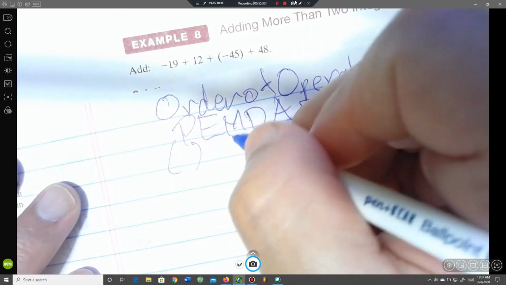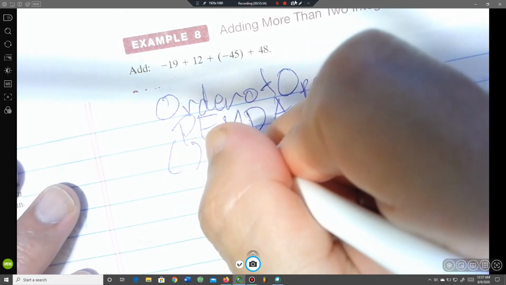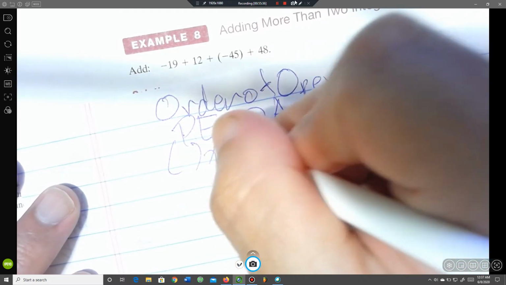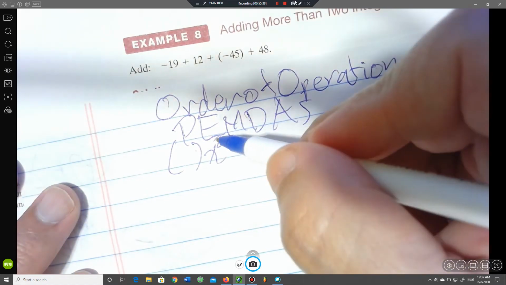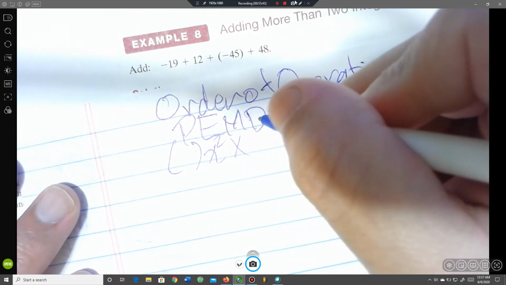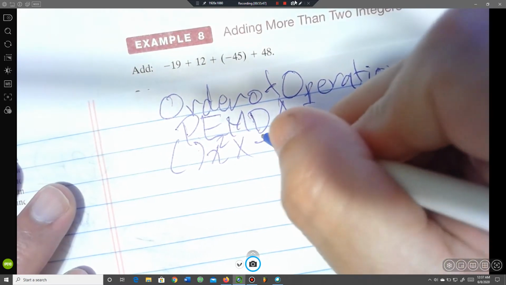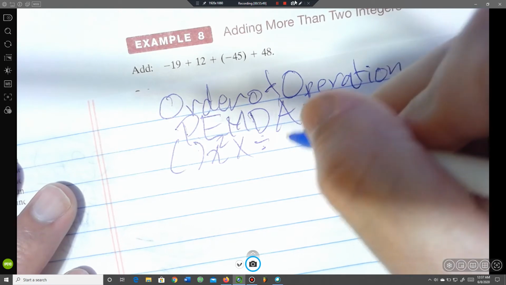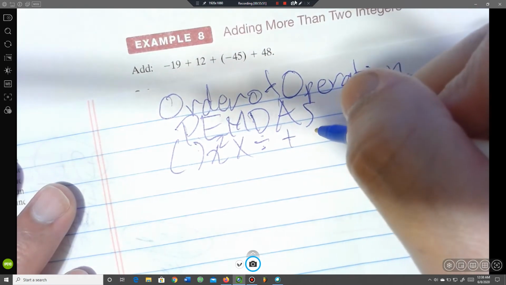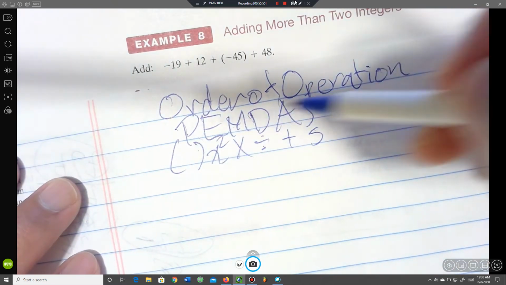I'm just using examples here. E is for exponents, so something like x to the second power. M for multiplication, right? D for division, and A for addition, S for subtraction. Okay, so this is the order of operation.